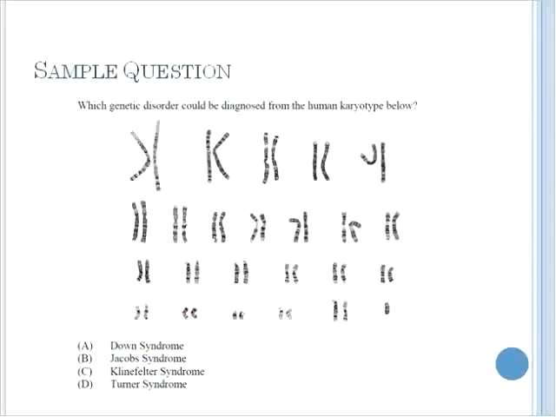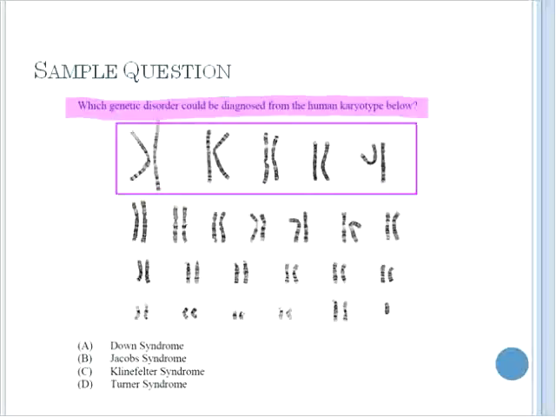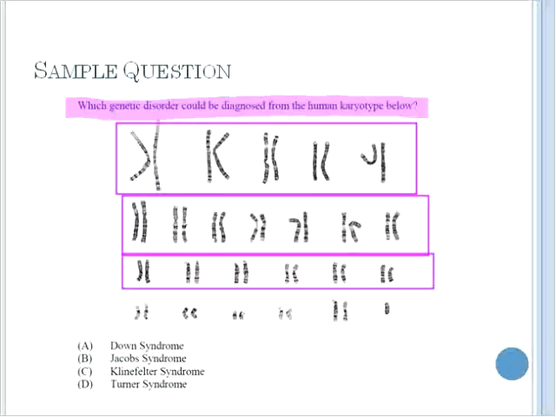Examinations have asked questions on this topic as well. For example, I present the following. Which genetic disorder could be diagnosed from the human karyotype below? If you look through here and analyze the karyotype, you will notice that the autosomes are all paired as they should be. There are no errors in the autosomes.